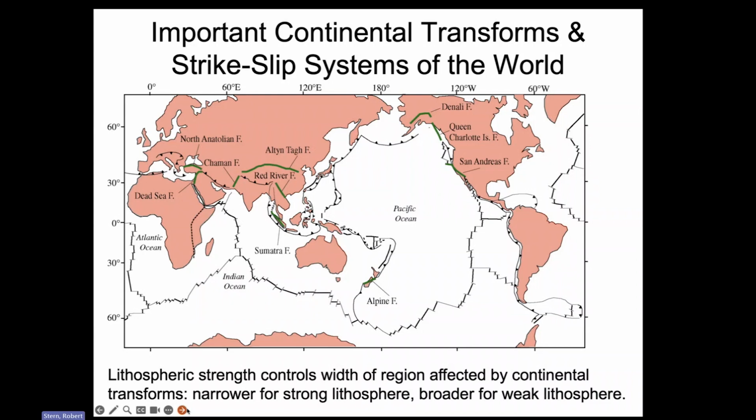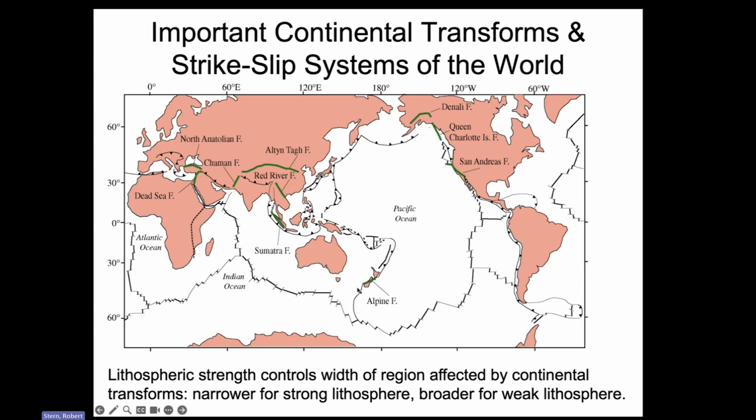They share in common the fact that the motion along them is horizontal, but some are plate boundaries and some are not. For example, the San Andreas Fault is a transform plate boundary. The Denali Fault is not. The Queen Charlotte Fault is. The Altyn Tagh Fault is not. The Red River Fault is not.